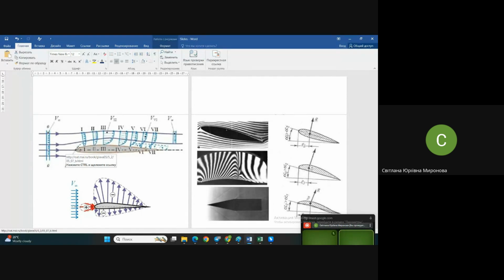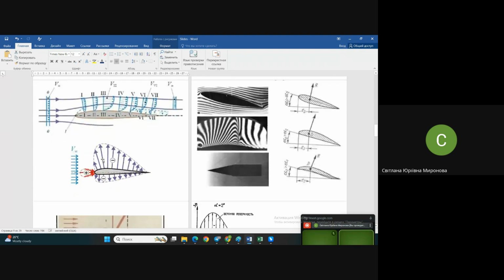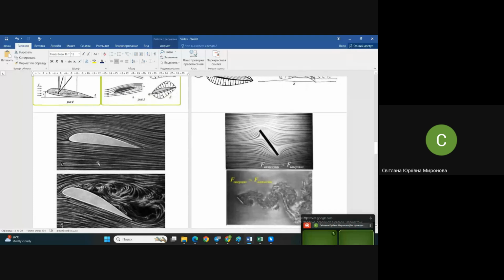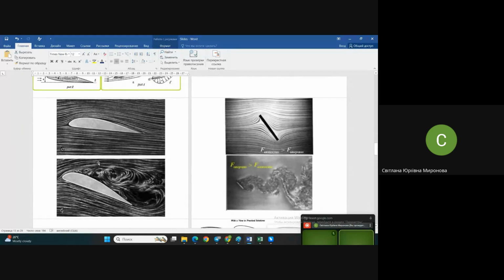There is actually no flow there. It's zero. And at some distance, we see it's already with appropriate values. The boundary layer may be either laminar, with practically no drag, not literally none of course, but practically none compared to the turbulent one.